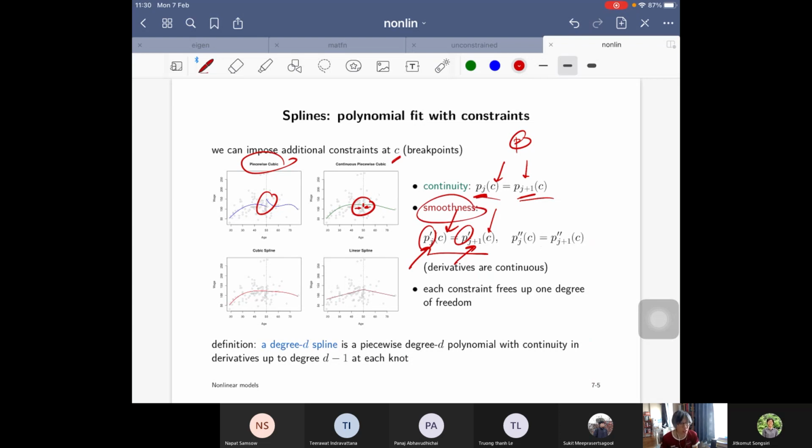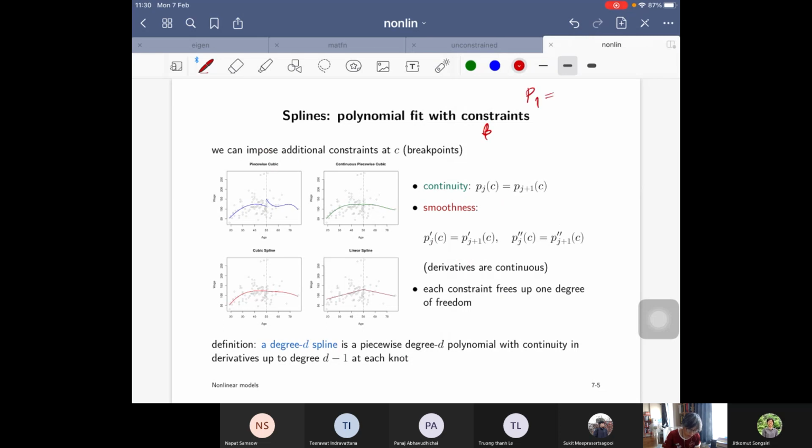One note here. Suppose P1 is a second degree polynomial, and my second polynomial is given by gamma.